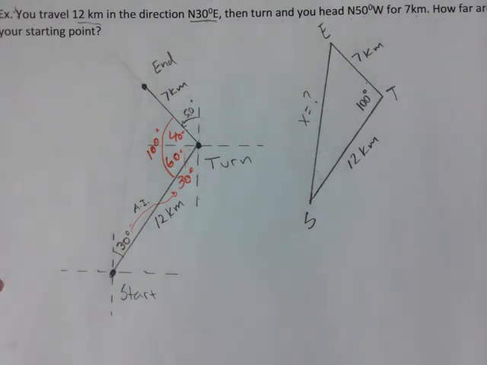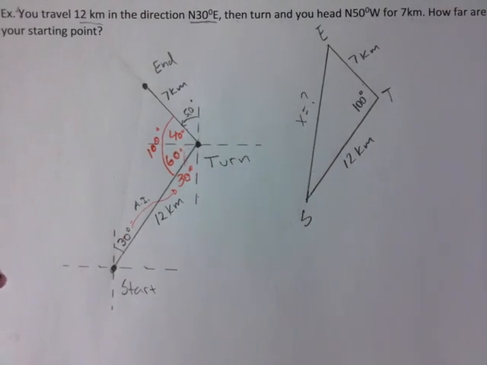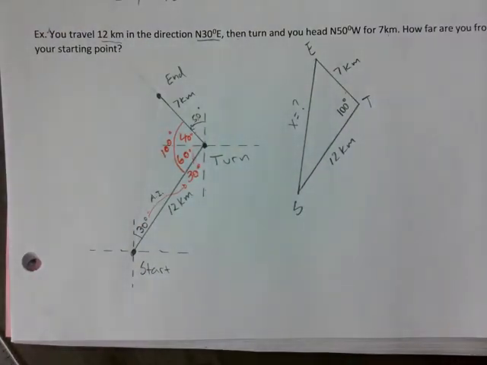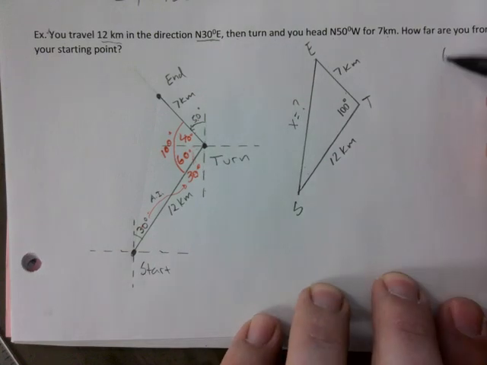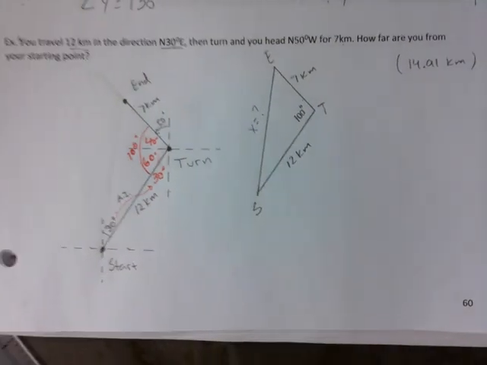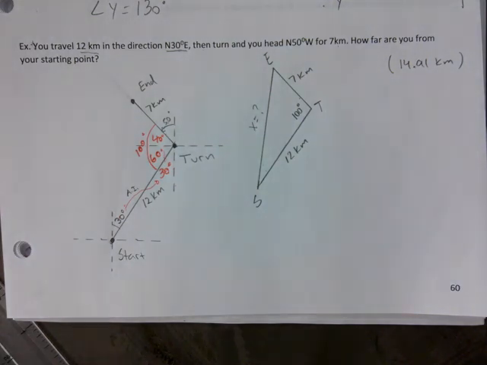But we're not that far yet that we're using AI in this class, other than alternate interior angles. So the solving part, I will just tell you what it is. 14.91 kilometers. Just write it down so you know if you want to try it, but that's not my goal right now. Okay, we're almost done.